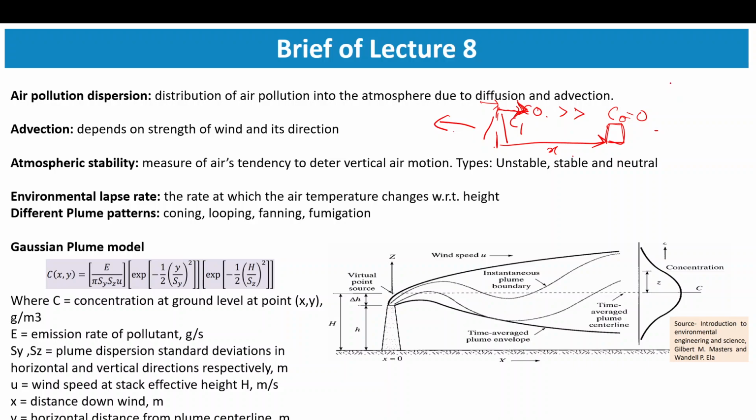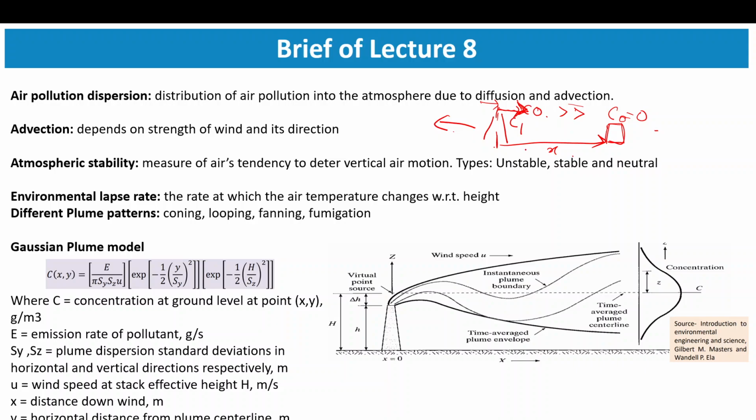The wind has some velocity which further promotes the travel of this carbon monoxide, right? That is nothing but advection. Advection depends on the strength of the wind and its direction. If its direction is reversed or different, then the spread will be affected.